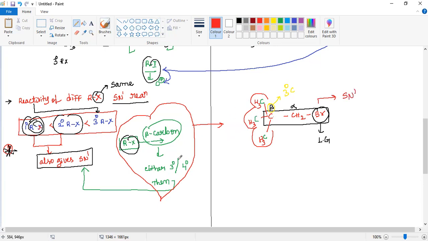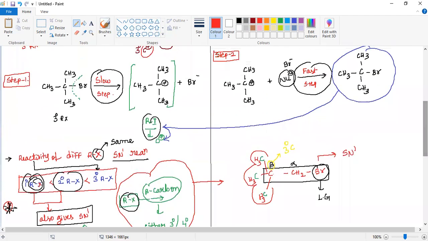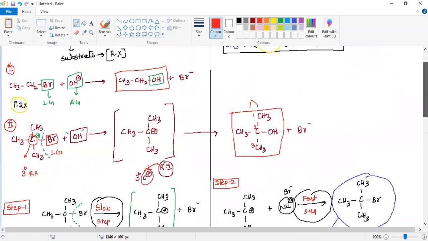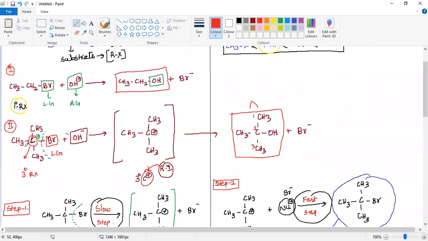Quaternary means, beta, here you take one more carbon. Okay? Just let us try to get that one more carbon. Clear? See in the above example, the first one and the second one, which one gives more favorable participation of the reaction towards SN1? This one, the tertiary alkyl halide. Is it okay?